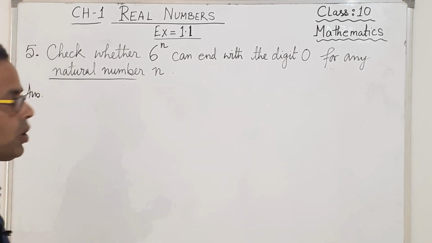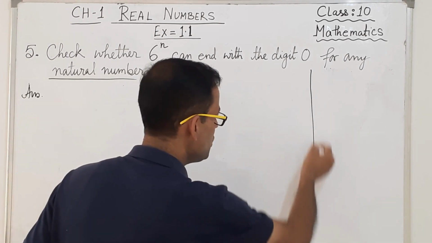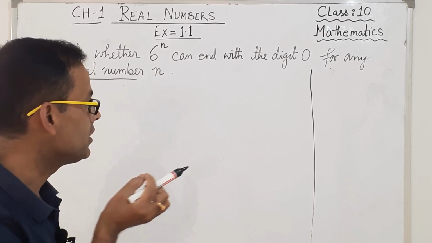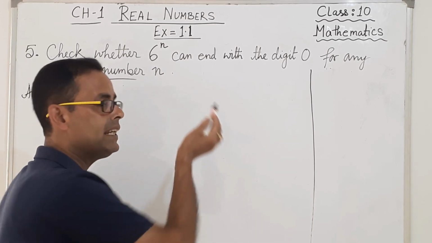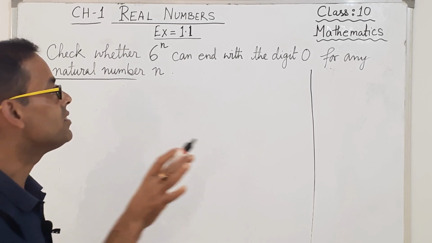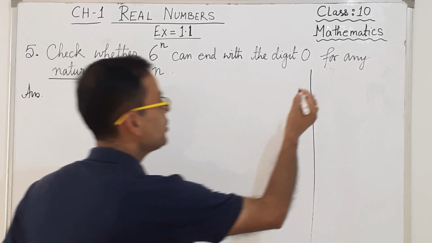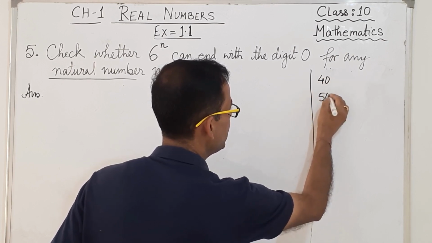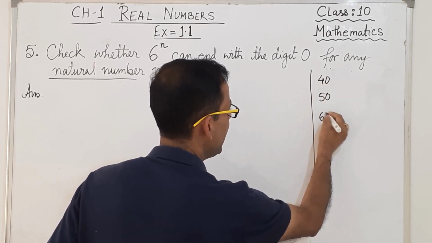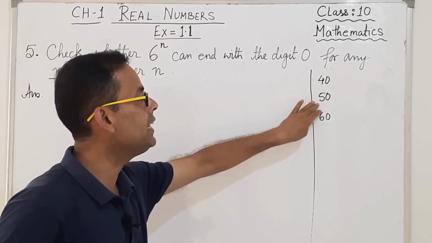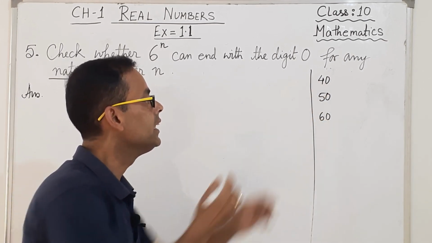Now, before solving, we must know some few concepts. Any number which ends with the digit 0, suppose 40, 50, 60, anything. These numbers are ending with the digit 0.